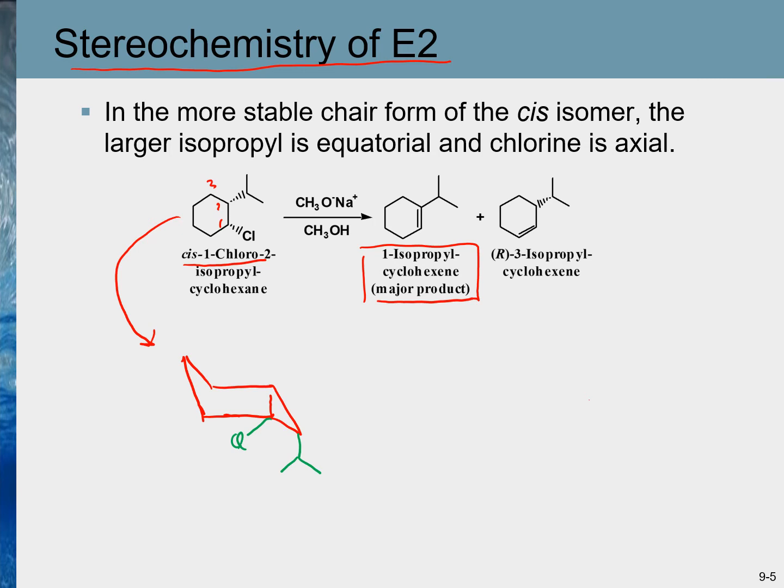So that means we have hydrogen at number 1 carbon, which is axial, and we have hydrogen at number 2 carbon here, which is axial.